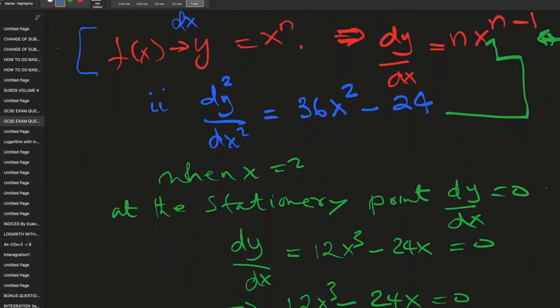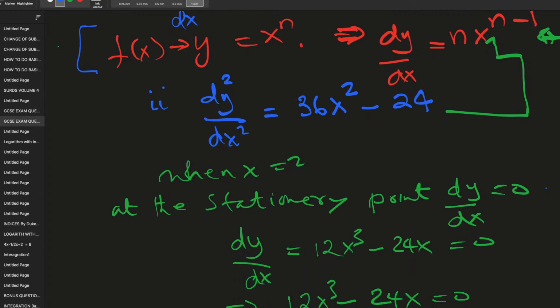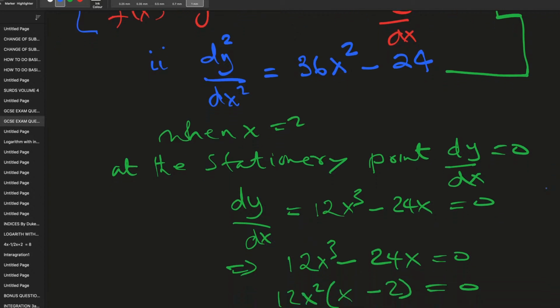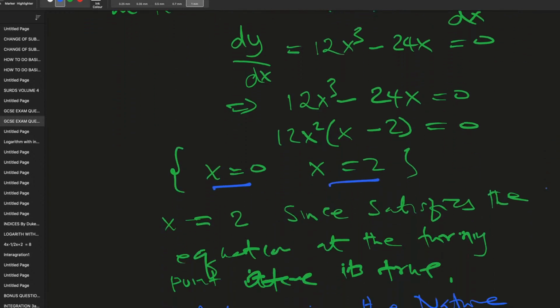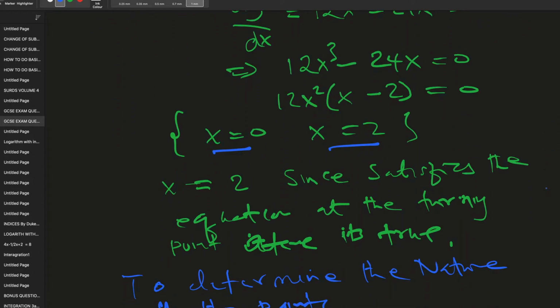At the stationary point, when dy/dx equals 0, we find out that x equals 2 is a solution that satisfies the equation at the turning point, so the statement is true.